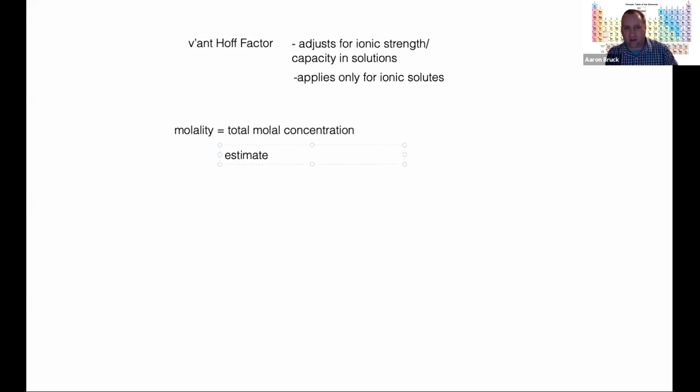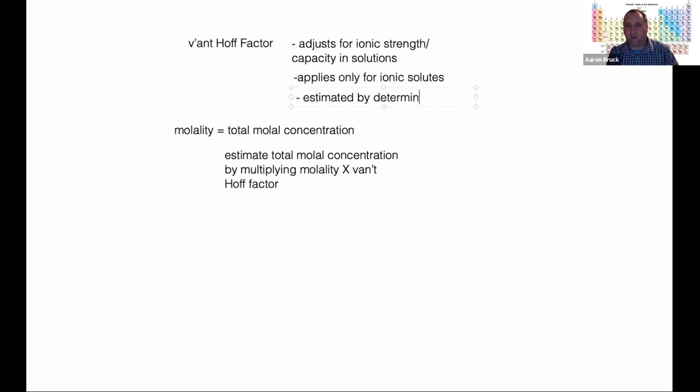We can estimate total molar concentration by multiplying molality times the Van't Hoff factor. And the Van't Hoff factor can be estimated by determining the number of ions per ionic formula unit. So what I mean by that, sodium chloride.